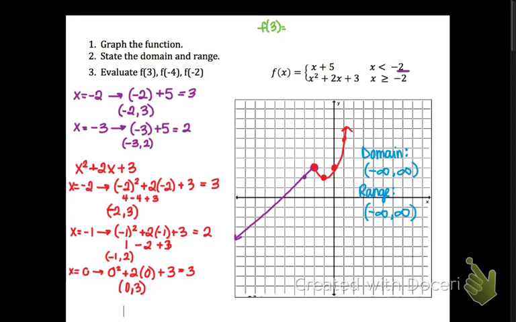I'm trying to decide if it's less than -2 or greater than or equal to. 3 is greater than or equal to -2, so that's how we know that we are going to use the bottom equation and do the quadratic. So I get 9 plus 6 plus 3, which is 18. So f of 3 is 18.